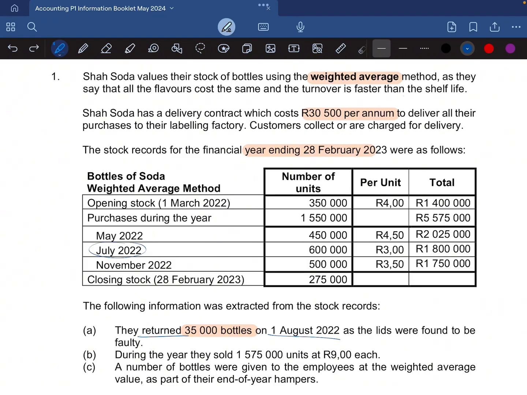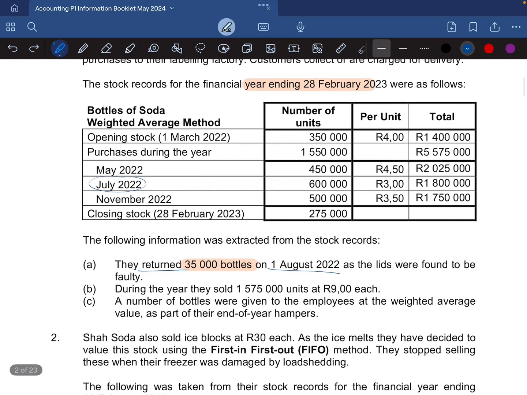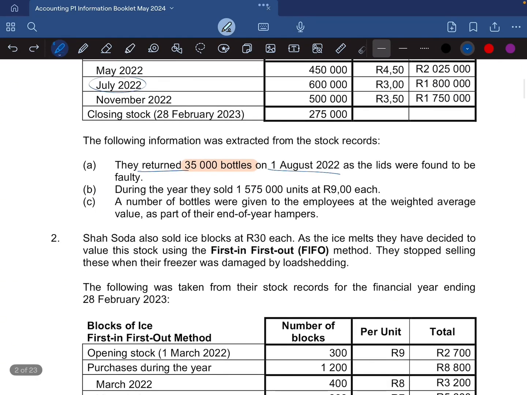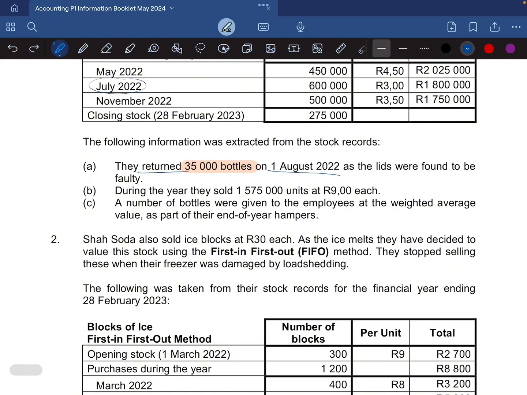So it wouldn't be a great idea to say that they were bought in May, because you cannot still have something in August that you bought in May if it is selling faster than its shelf life. So we would make an assumption that these were bought in July 2022 and then later returned on the 1st of August 2022. So we also need to take these returns into account.